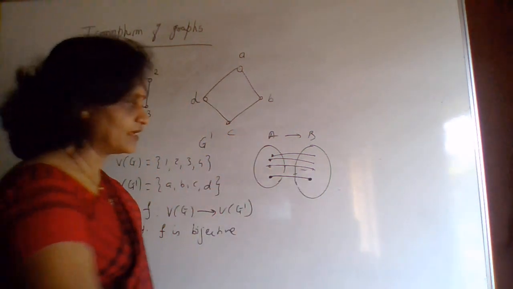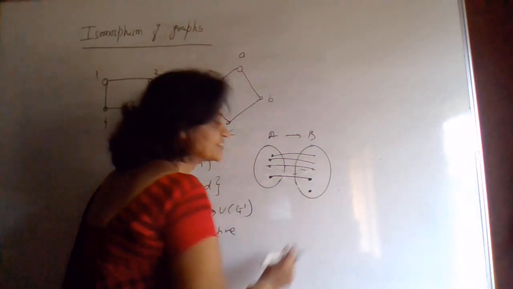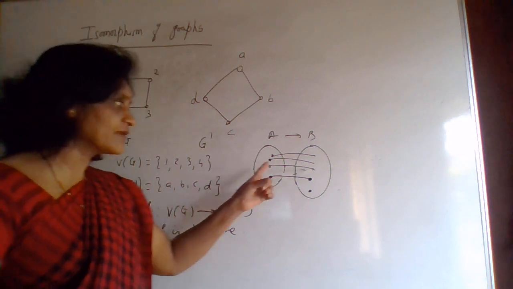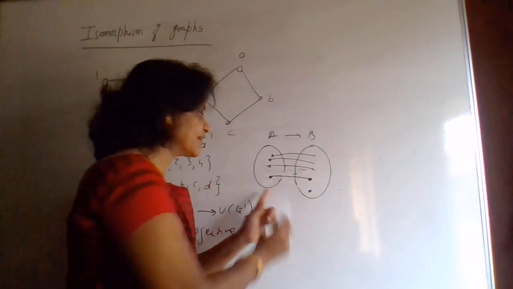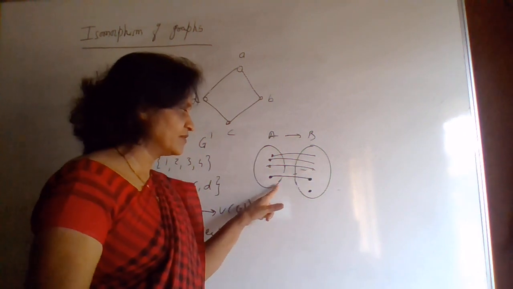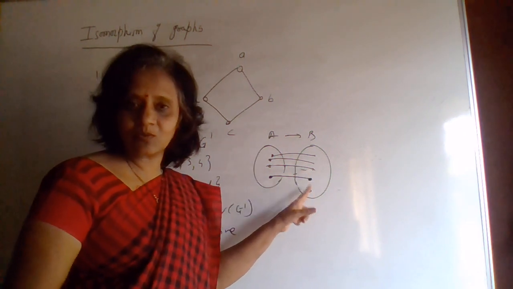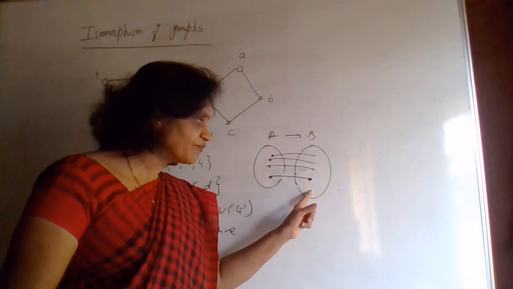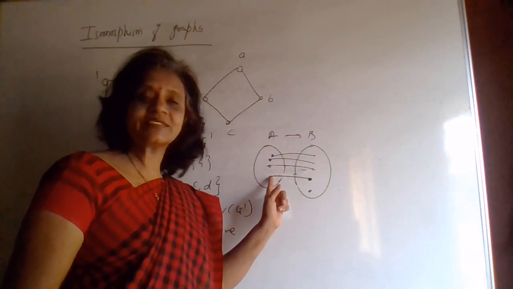Then onto. If the function is this way, it is a function, because again for a function, there is no condition on B. I said every element of A must be related. No condition on B. But if it is this, it is not onto. What does onto say? Every element of B must have a pre-image here.